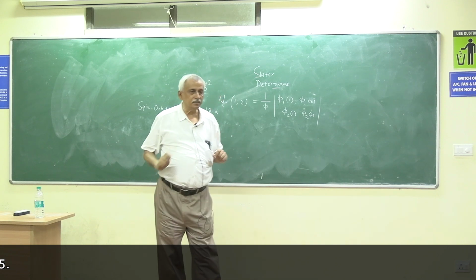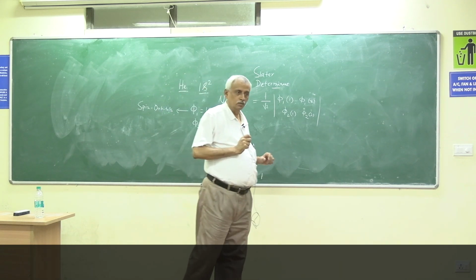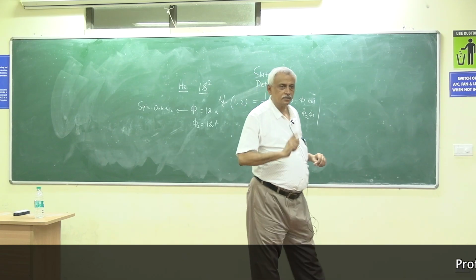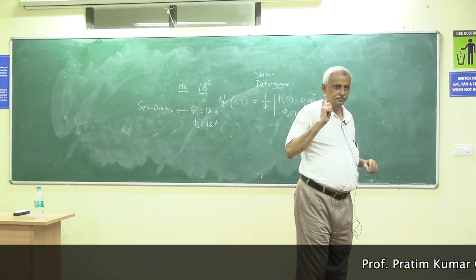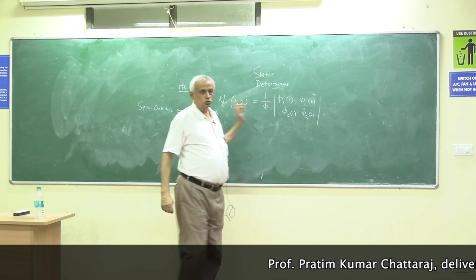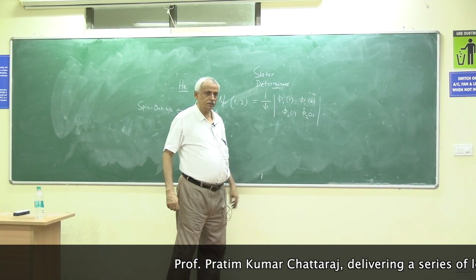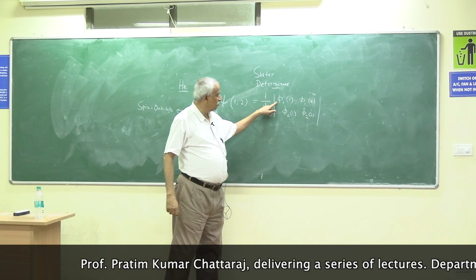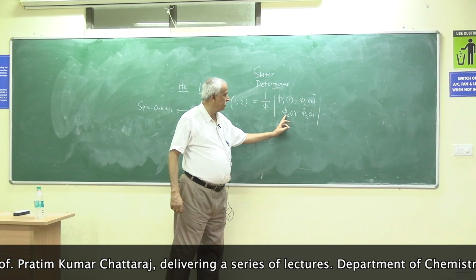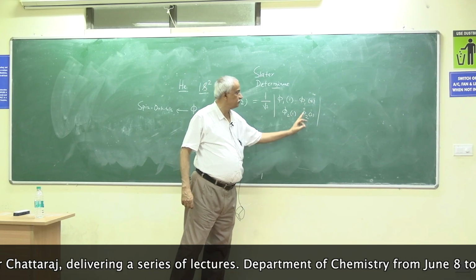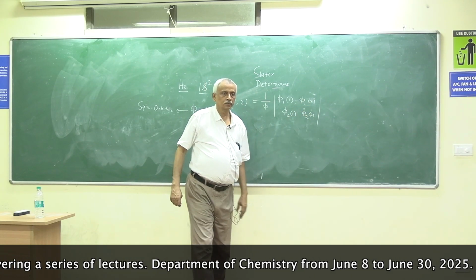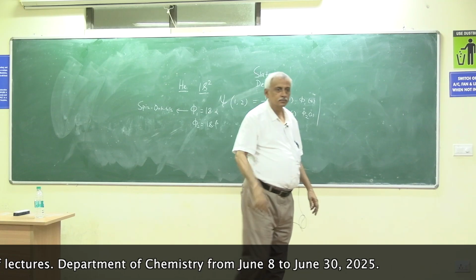What about Pauli's antisymmetry principle? Just now I told that if you interchange the levels, the wave function must change its sign. So if I call 1 to 2 and 2 to 1, what will happen to this determinant? If I call, this is phi 1 2, phi 2 2, and this one phi 1 1, phi 2 1. You see, there is a change in the column.